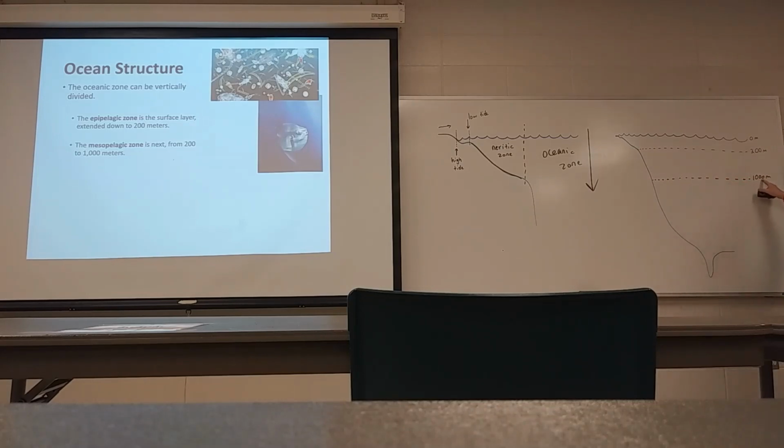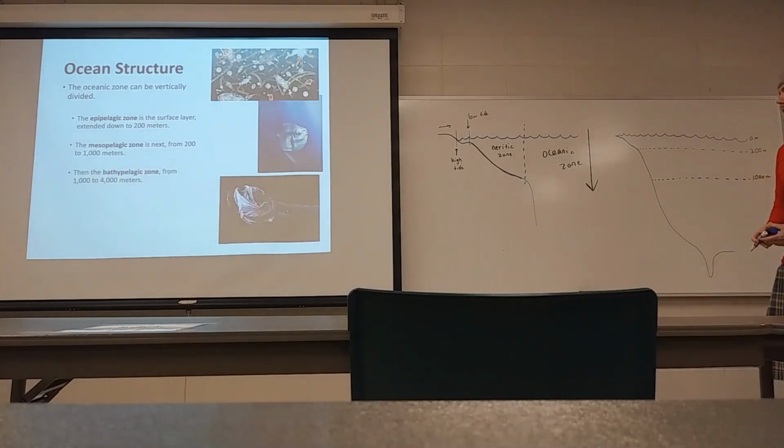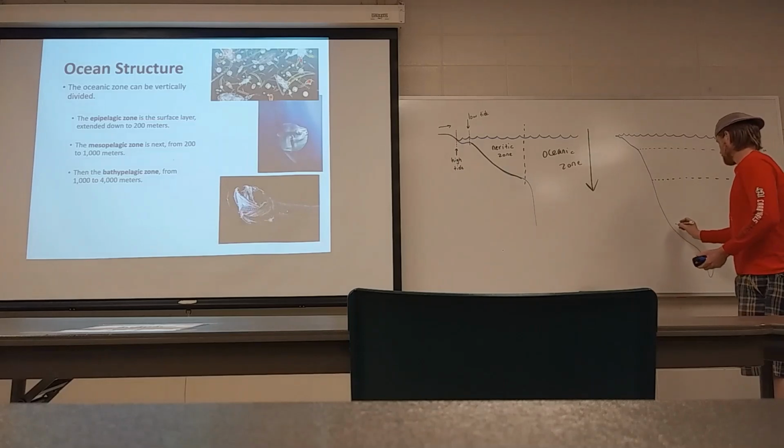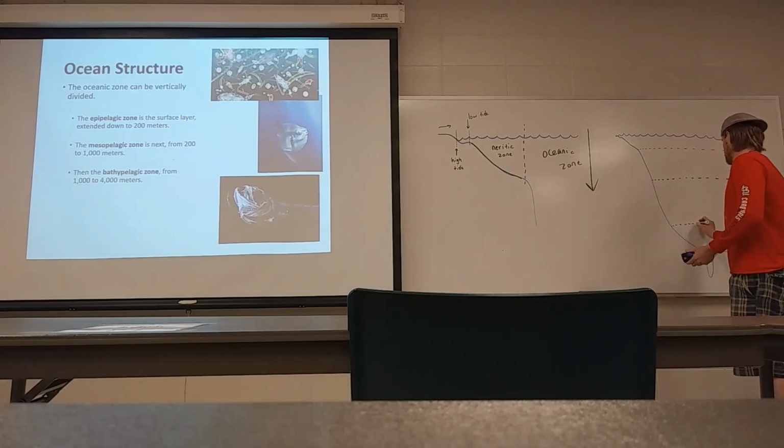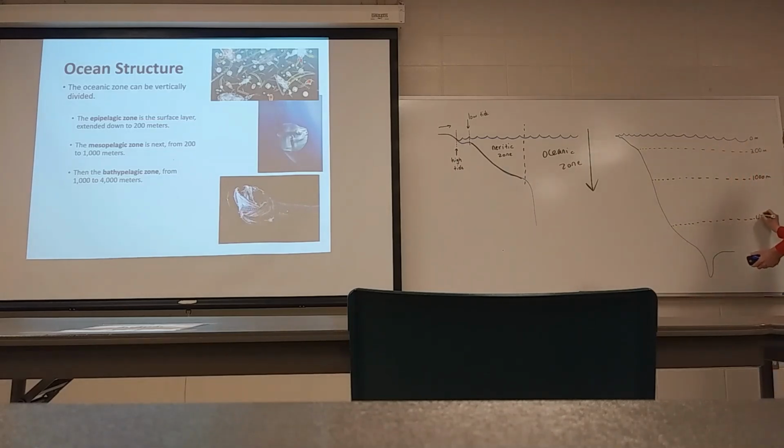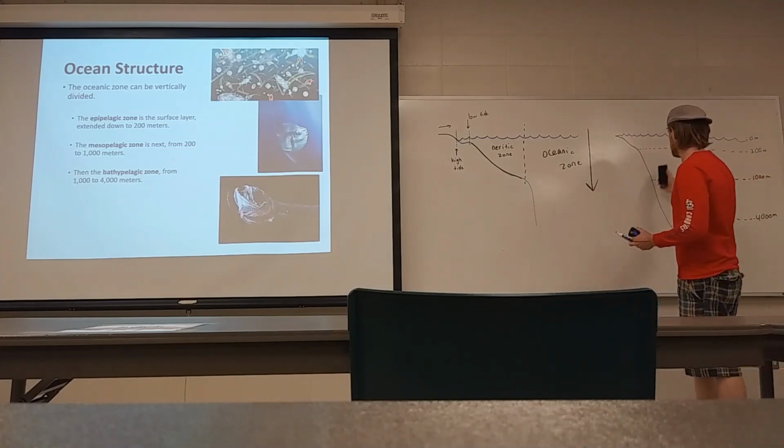By the time we get to the bottom of this zone, it is by our standards pitch black. Bathypelagic is 1,000 to 4,000. Like I said, it's not unfortunately the most to scale. You know what? I don't like that. Let's fix that.